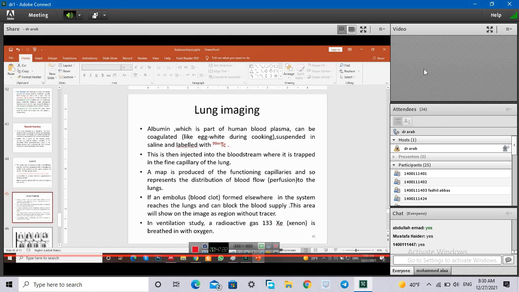And the other organ that we can functionally study is the lung. For lung imaging, we can use technetium 99m tagged with albumin, which is part of human blood plasma, conjugated in saline and labeled with technetium 99m. This is then injected into the bloodstream, where it is trapped in the fine capillaries of the lung.